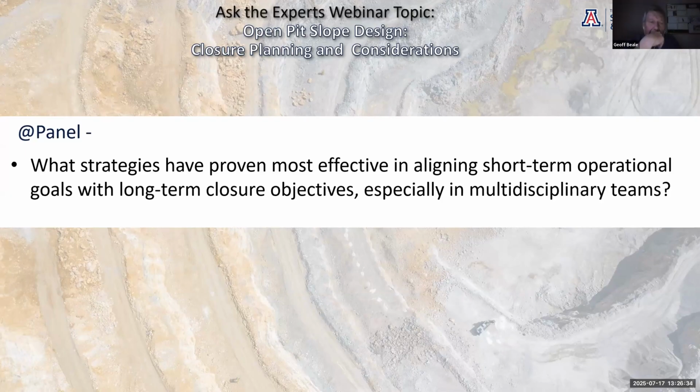But having said that, you do all the way through the operations need to have a vision for what you're trying to achieve for the land and for the land use after the mine has gone. That vision really needs to stay with company management and mine management all the way through the operations.